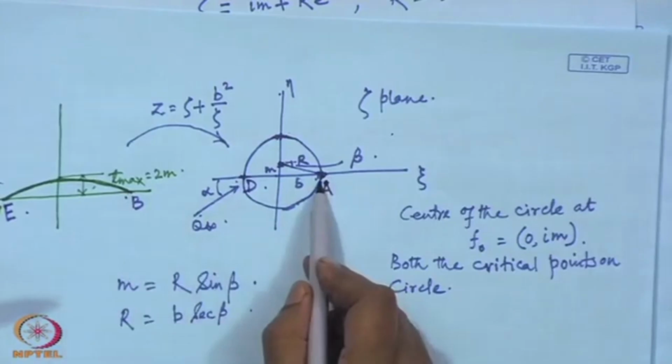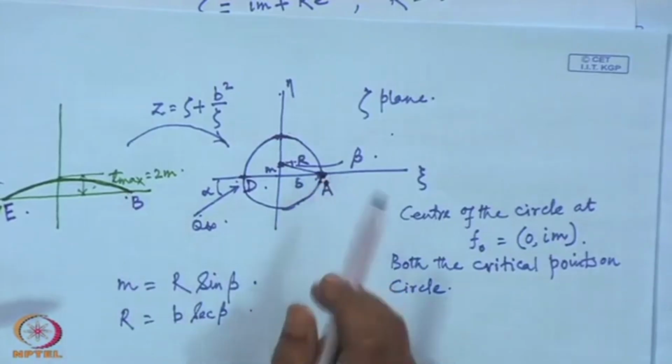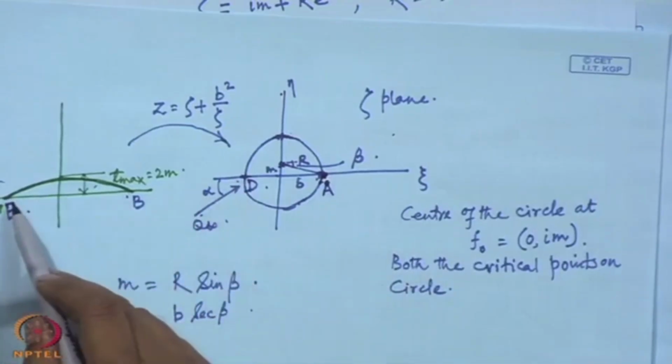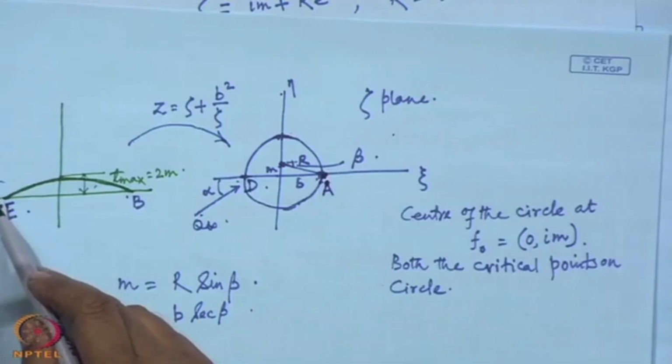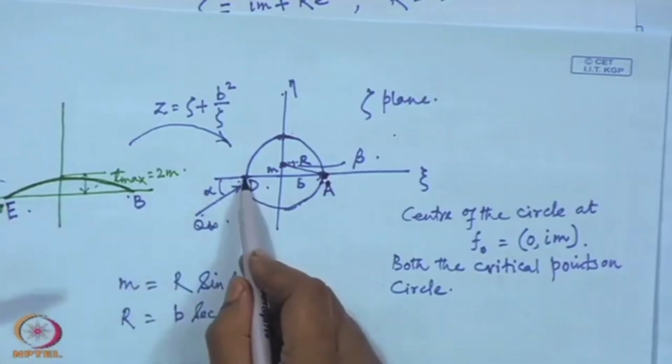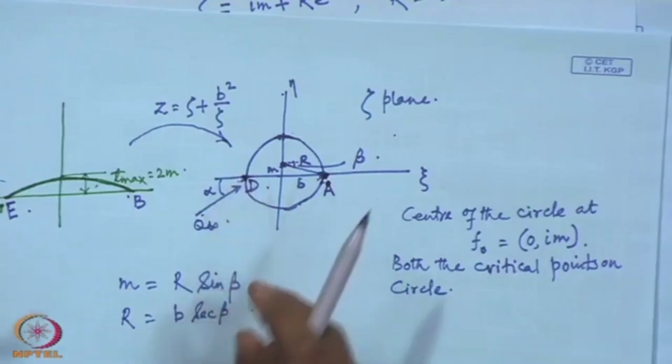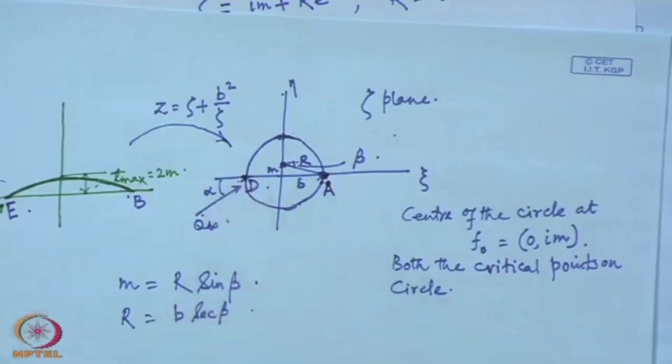On this plane, of course, the A is a stagnation point, and if the velocity is to be finite here, which must be, then this also must be a stagnation point in the circle plane. Remember that at the critical point, that derivative is 0. So, if the velocity is to be finite, then the velocity on the circle plane must be 0.